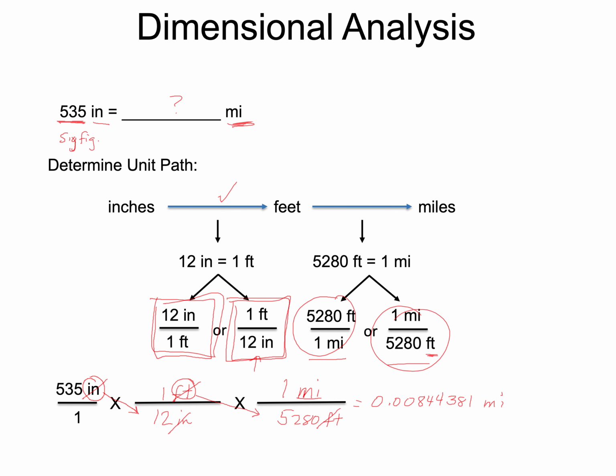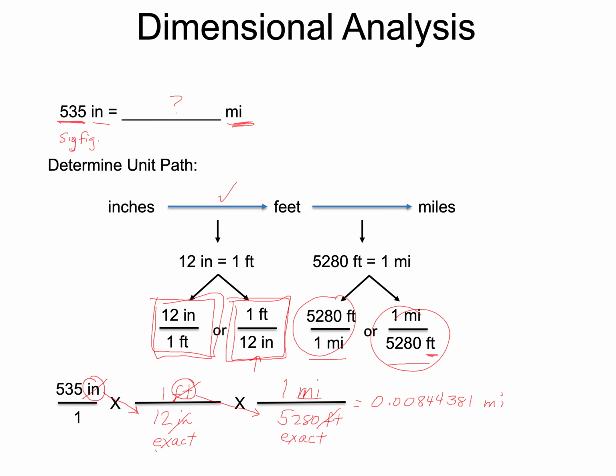Typically, conversion factors, depending on which ones you're using, are exact values. Exact values we don't use in significant figure calculations. So this particular one is an exact value, and we're going to use this one as an exact value also. So we don't actually use the numbers that happen to be in these fractions.